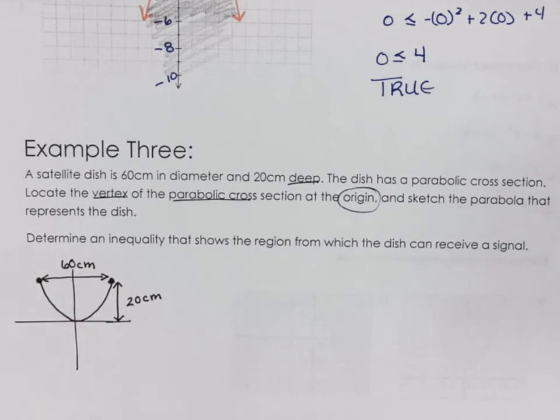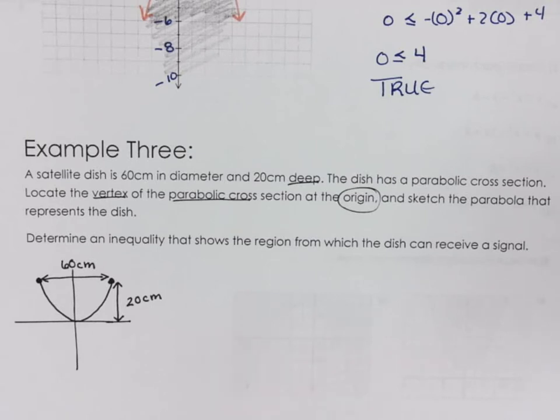But those dimensions aren't going to help us because we need points on a coordinate plane. So we can do this though. What do we know about parabolas? What makes them beautiful? They're symmetrical.